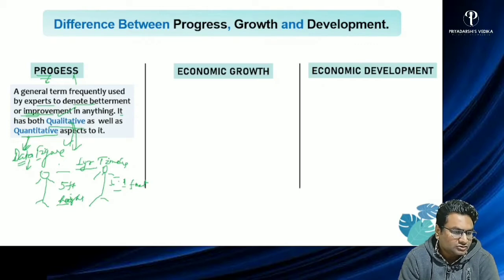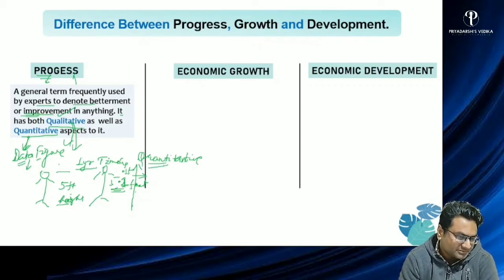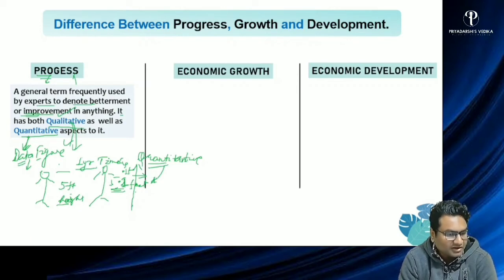What happened? This is quantitative improvement. You can tell it with data and figures, that his height has made this much progress, 0.1 feet. This is quantitative, means quantity can explain this progress.